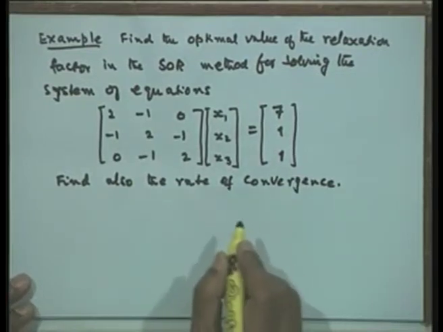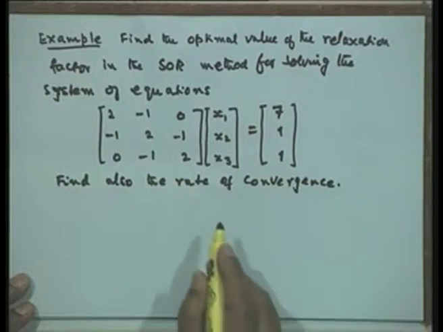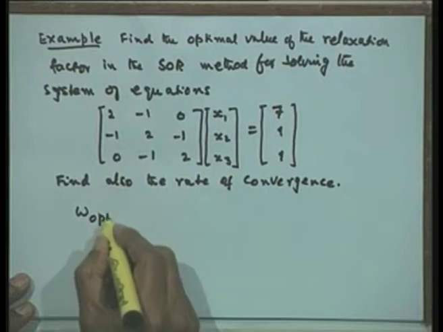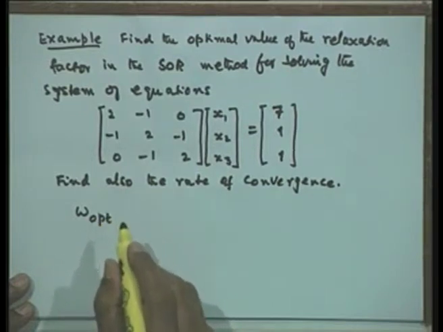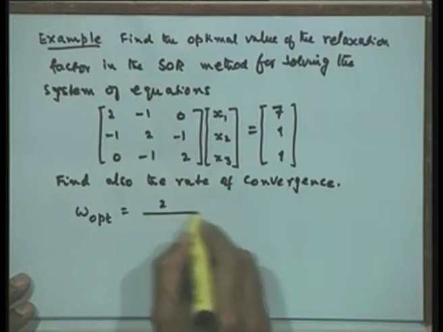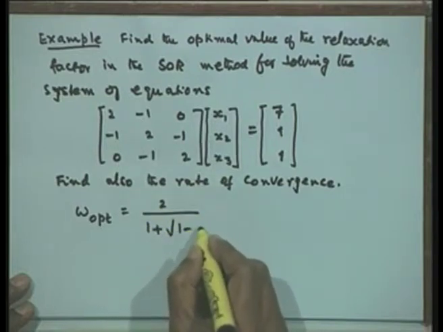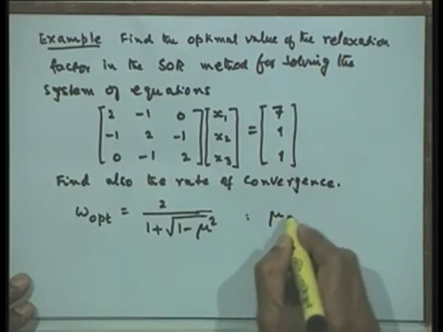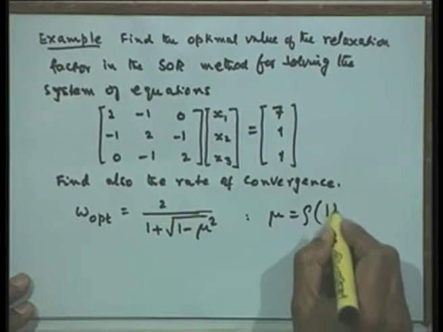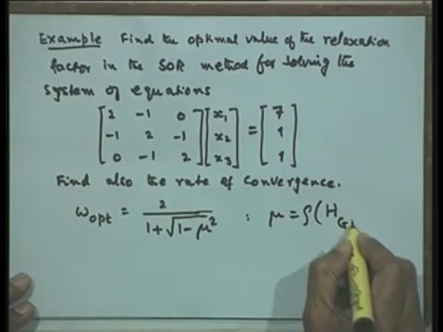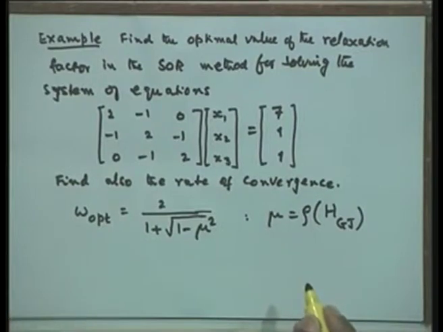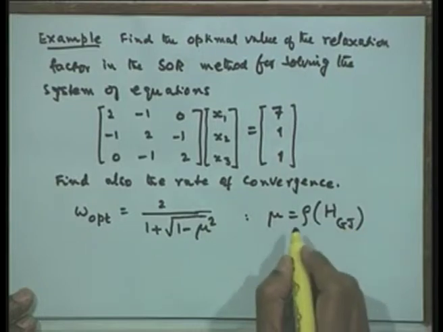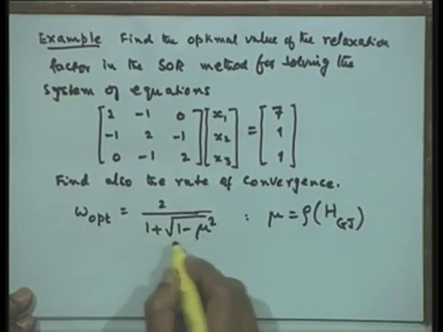Now, we have given two formulas for finding the optimal value and the rate of convergence for the SOR method. The optimum value of the relaxation factor is given as 2 upon 1 plus under root of 1 minus mu square, where mu is the spectral radius of the iteration matrix of the Gauss-Jacobi scheme. Therefore, I would write down the iteration matrix for the Gauss-Jacobi scheme, find its spectral radius, use that and find the omega optimal.